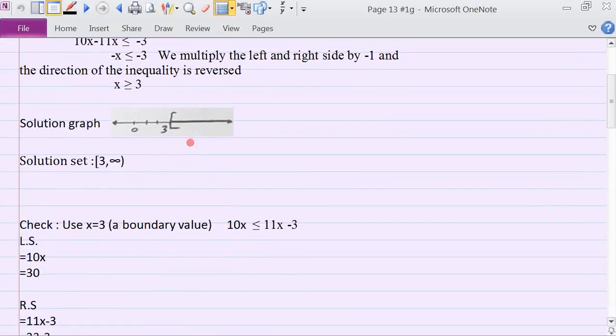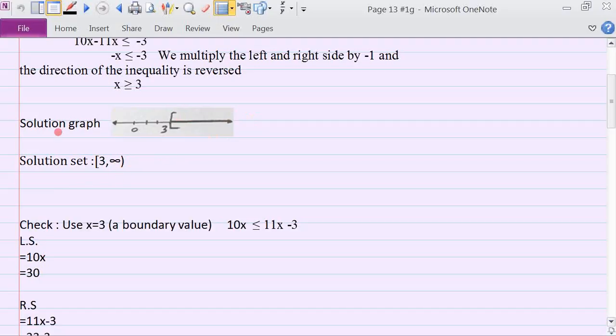So the solution graph, since the solution is x greater than or equal to 3, so here is the 3. We're including that, the equal sign. And this bold line here represents the numbers that are part of the solution. So this arrow indicates that it's going out towards infinity, which is undefined.